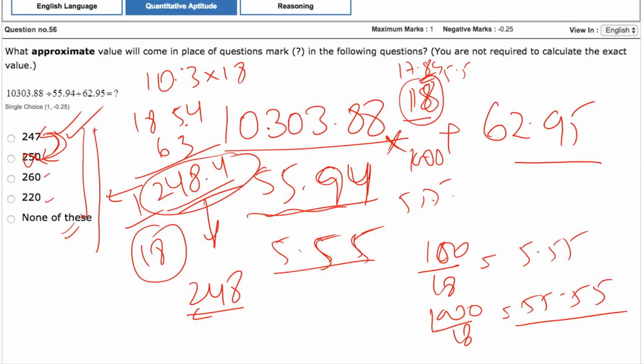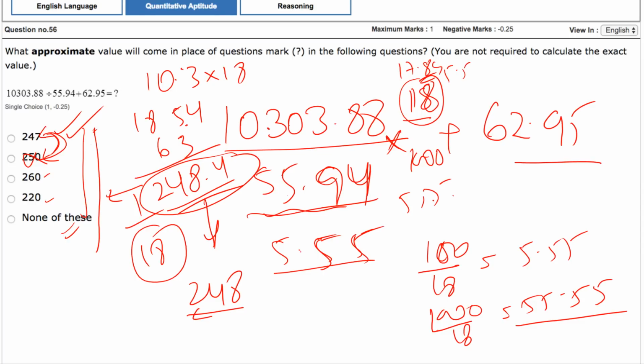Okay, do it. If you think you can do it quickly, please go ahead and do it. Okay, save and next. I understand your concern now.